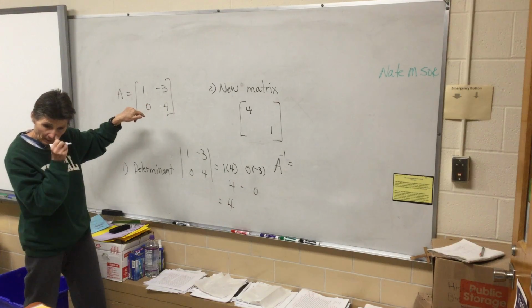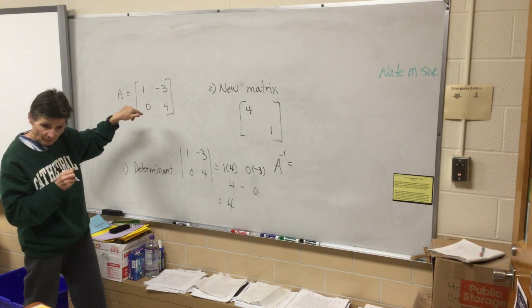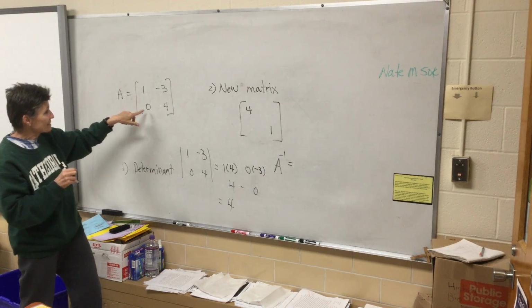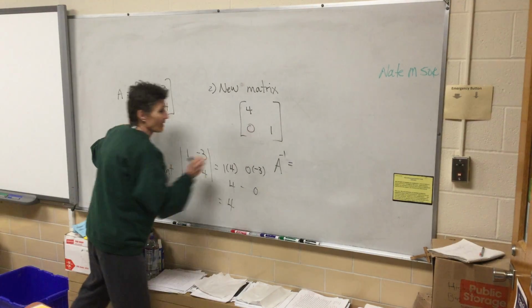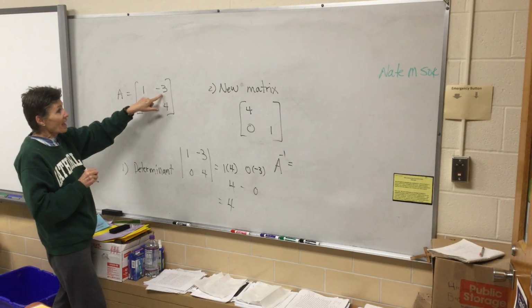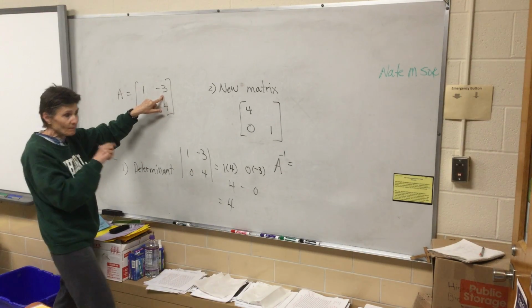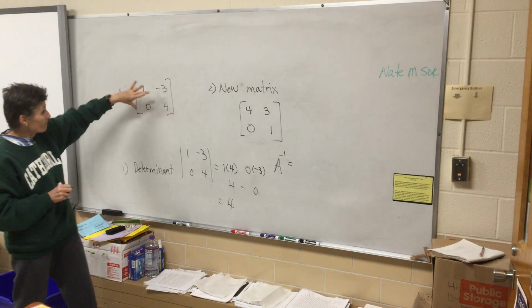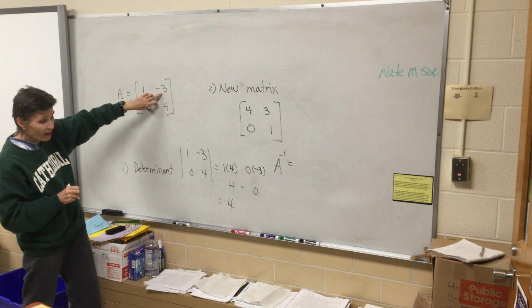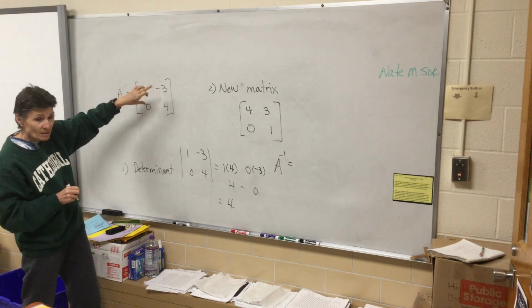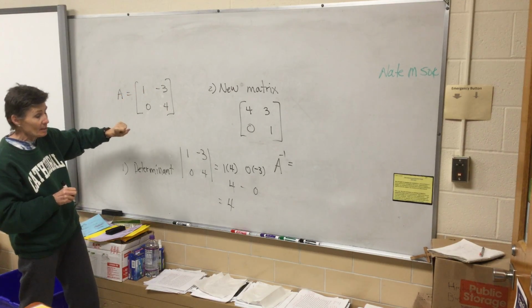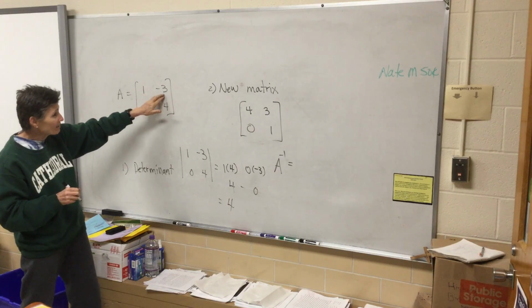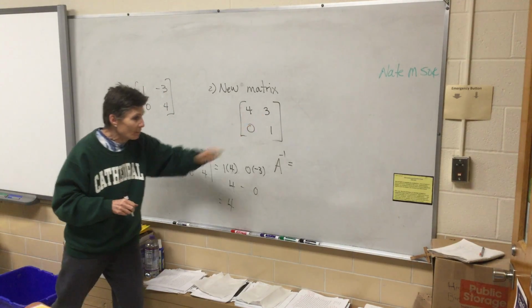Remember, what do we do with them? We make them the opposite. So 0 is just 0. You don't have to do anything to it. But that 3 there is negative, so it's going to become positive. Remember, these two here, they become the opposite. So 0 is 0, but a negative 3 becomes a positive 3.